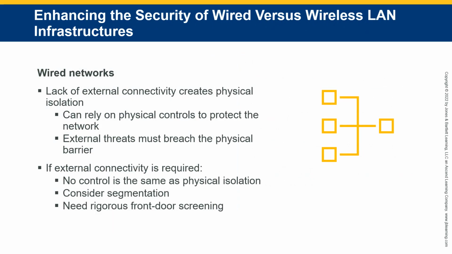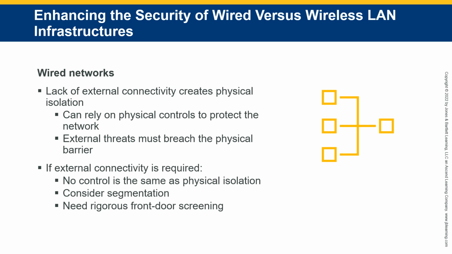So what do we have here? We have the enhanced security of wired versus wireless LANs. With wired networks, the lack of external connectivity creates physical isolation. So we have that physical thing. They require physical controls to protect the network, physical access.